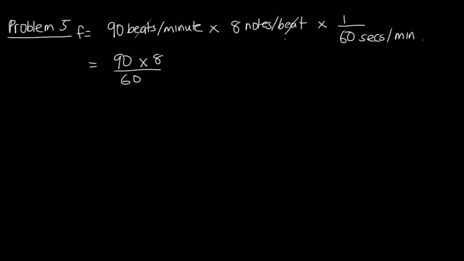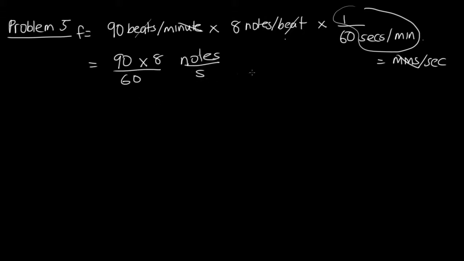We've got a minute in the denominator, and 1 divided by seconds over minutes we can write as minutes over seconds, so the minutes cancel. Our units for this quantity are notes per second, which gives us the frequency of the notes. If we work out what that is, it's 12 notes per second.